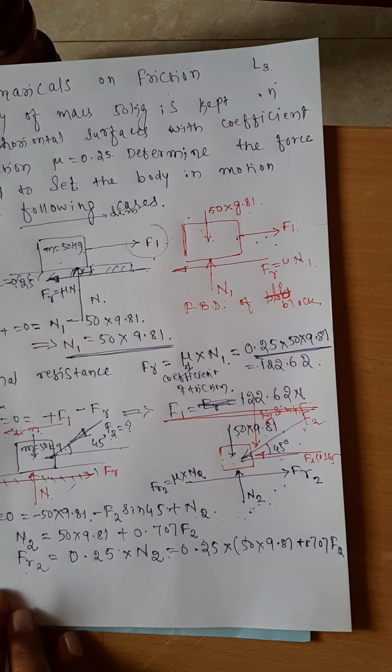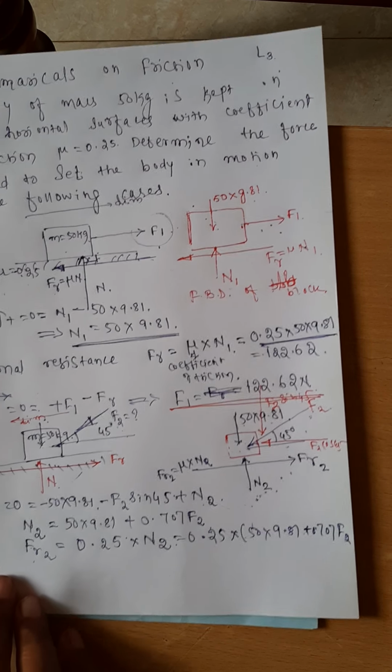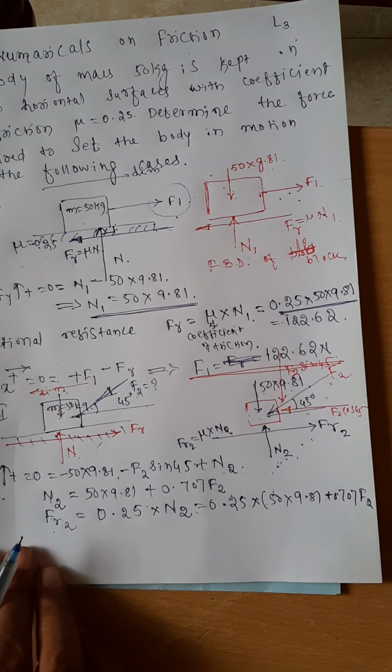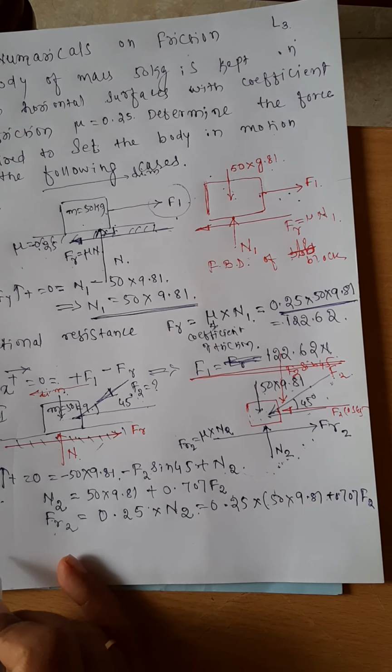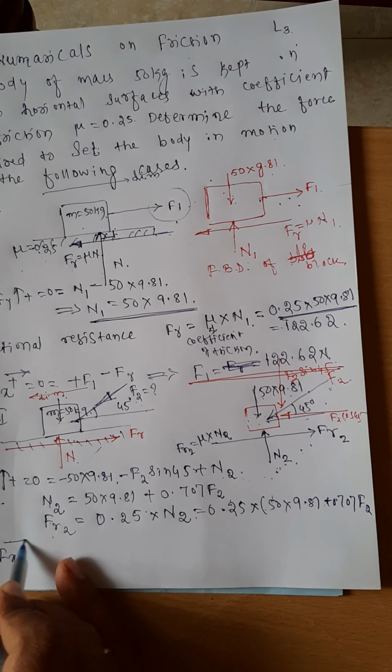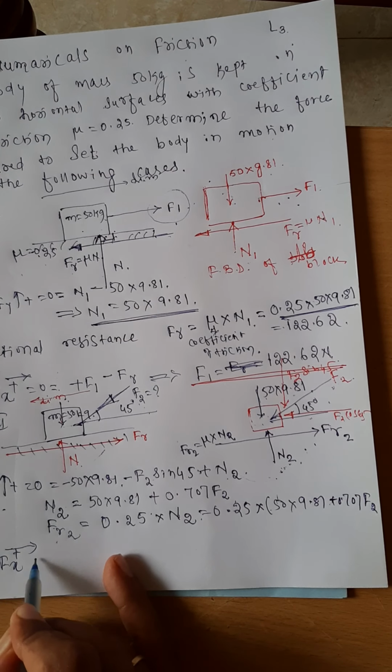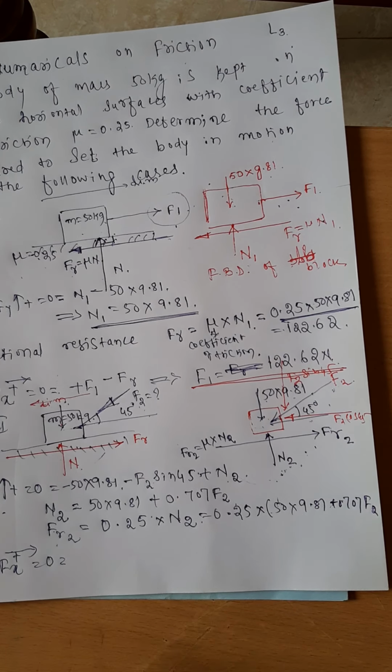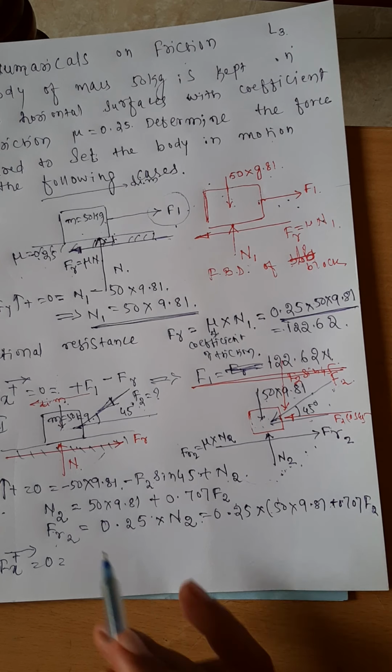Now you go for total of the forces in horizontal direction is equal to 0. Total of the forces in horizontal direction taken positive equal to 0. Yes, what are the forces acting in horizontal direction?